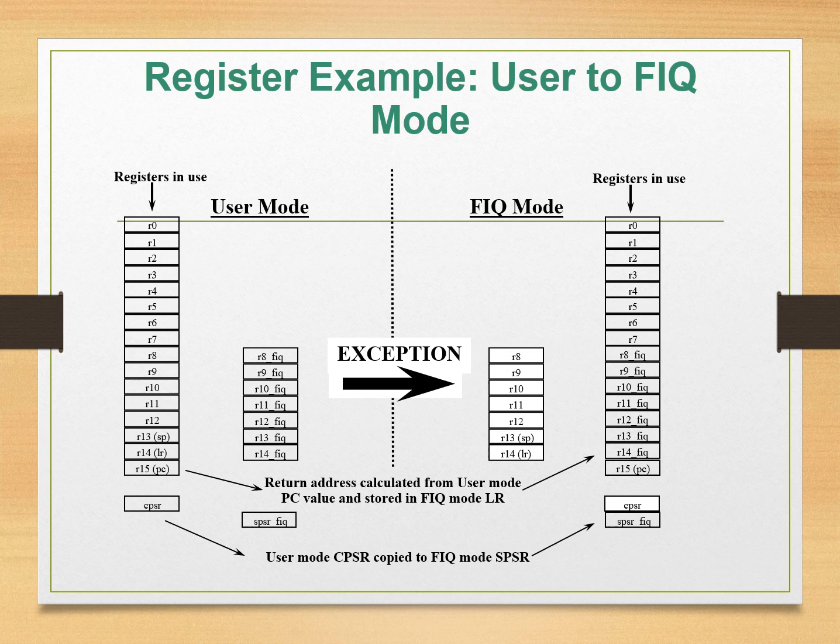When later on you change back from the FIQ to user mode, it will return back to the CPSR. Okay, so this is the example of how we change between modes and how the registers are used between modes. So these are all the registers being used inside FIQ mode.